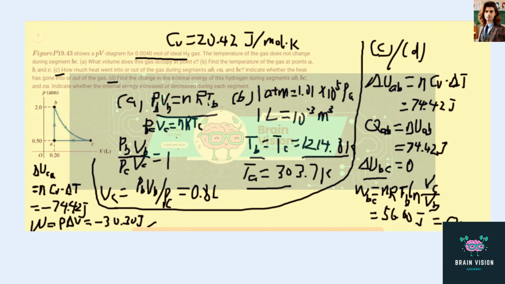So the first law of thermodynamics tells us that QCA equals delta UCA plus work CA. So you just need to add these two numbers together, which gives you negative 104.72 joules. So this number is a negative value. It means that heat is flowing out of the system, and the amount of heat is 104.72 joules. So that's it.